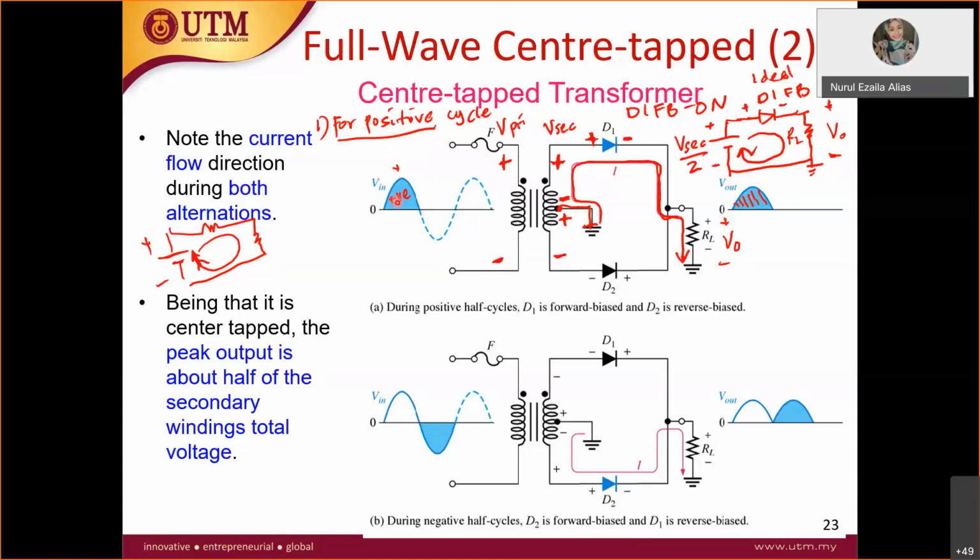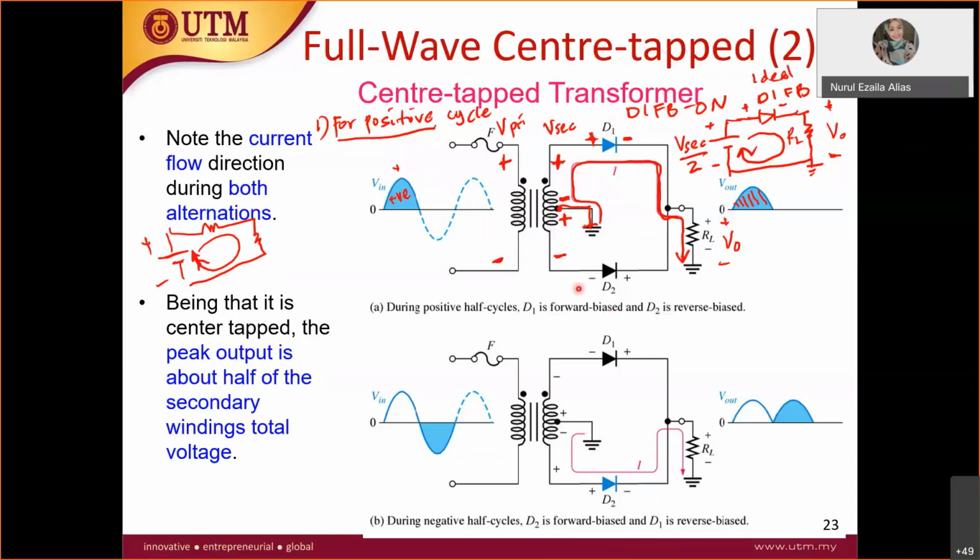Your objective is, for the positive input cycle, to make use of this rectifier circuit and this diode to make your current flow in one direction. You have two options in this positive cycle: the current can flow through either D1 or D2.